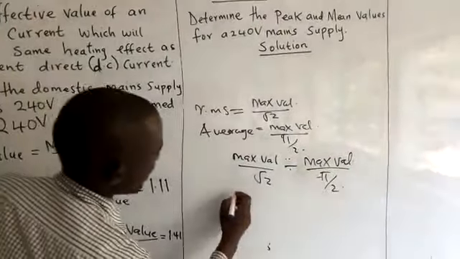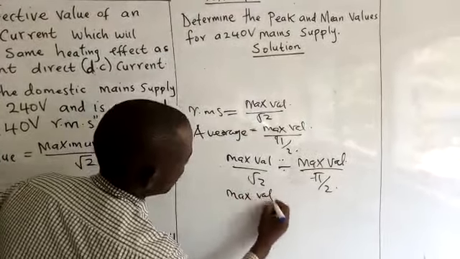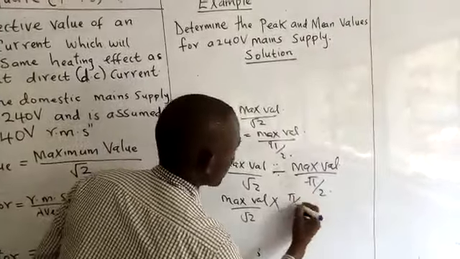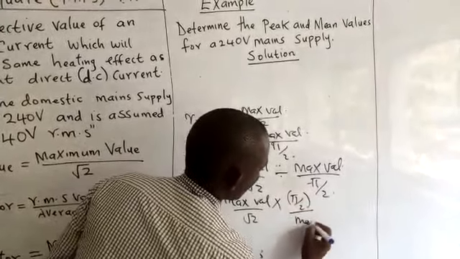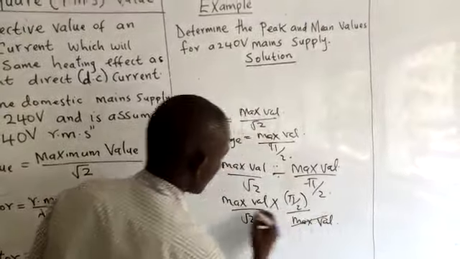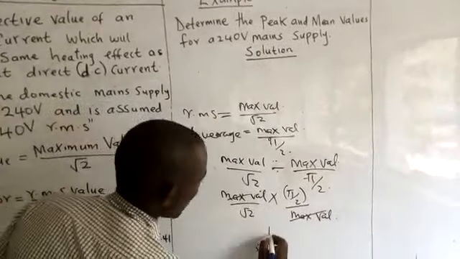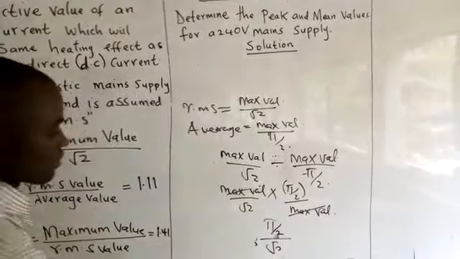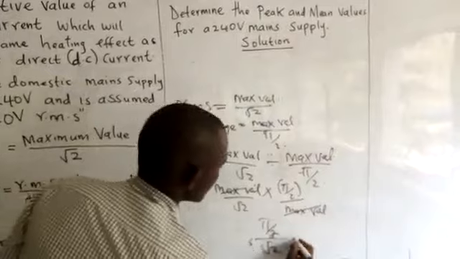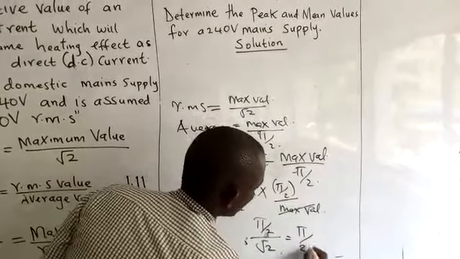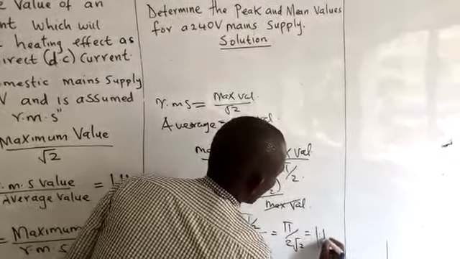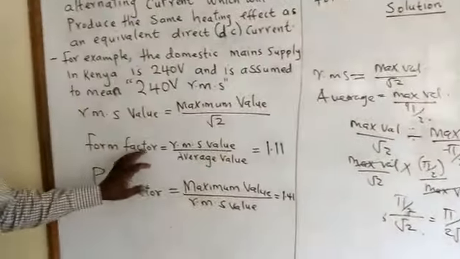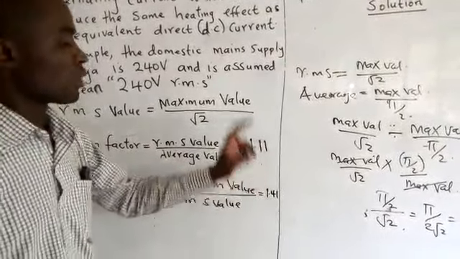This becomes maximum value all over root 2 times, you invert, pi over 2 divided by maximum value. So the maximum values cancel, so that you remain with pi over 2 divided by root 2. This is the same as pi over 2 root 2. If you divide this, you will get 1.11. And that is why we are saying the form factor is 1.11.